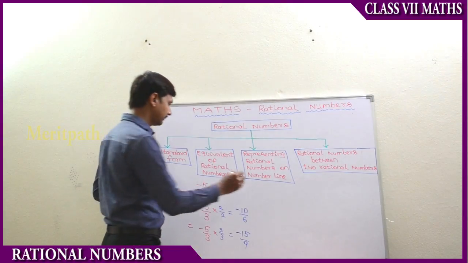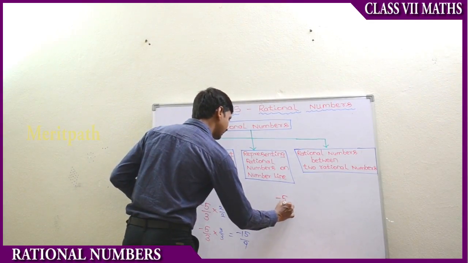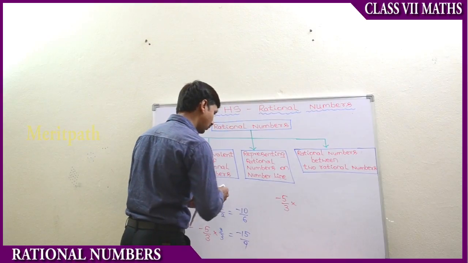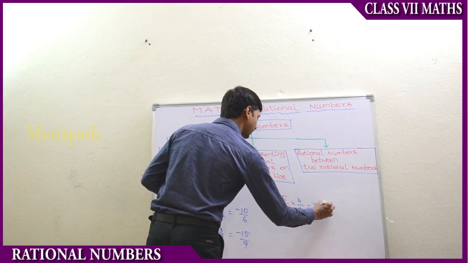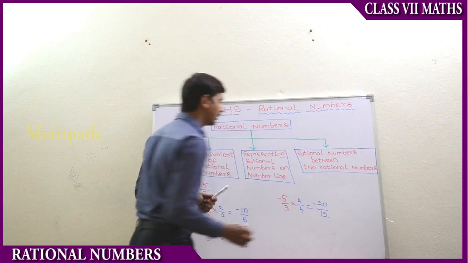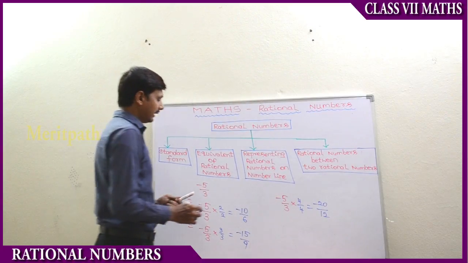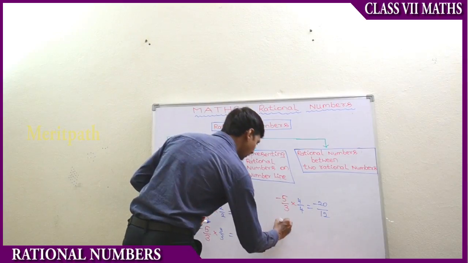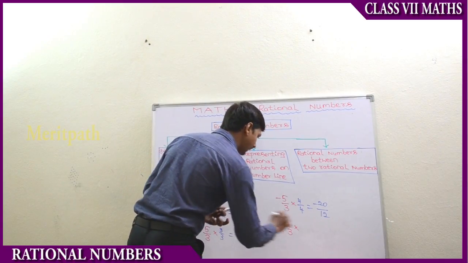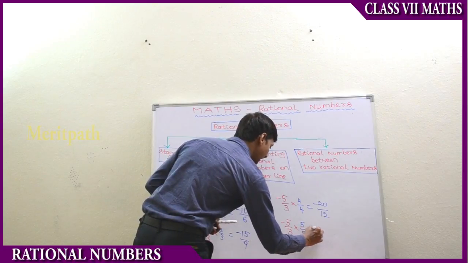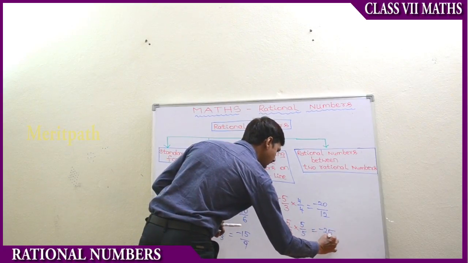Let's take some other number. Minus 5 by 3 multiplied with 4 by 4 is minus 20 divided by 12. Next example, minus 5 by 3 multiplied with 5 by 5. That is minus 25 divided by 15.